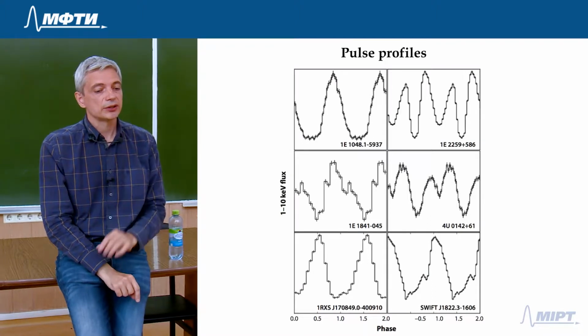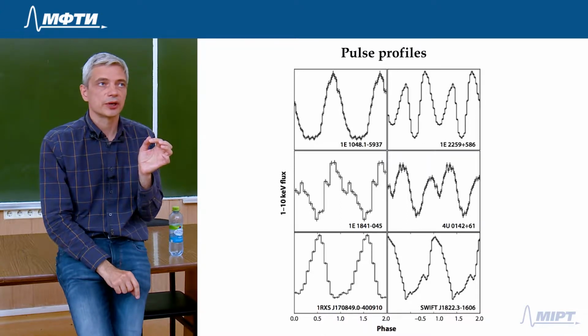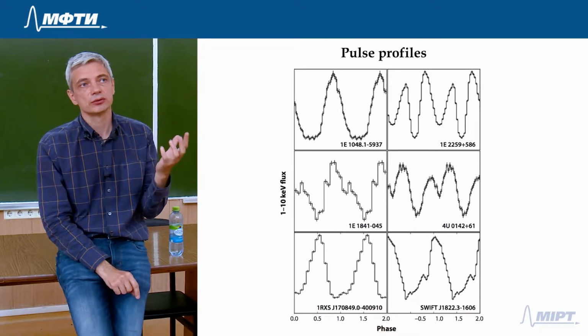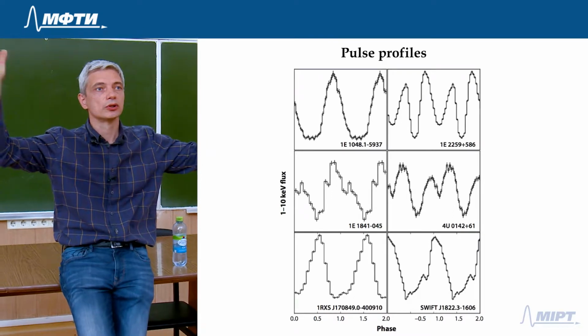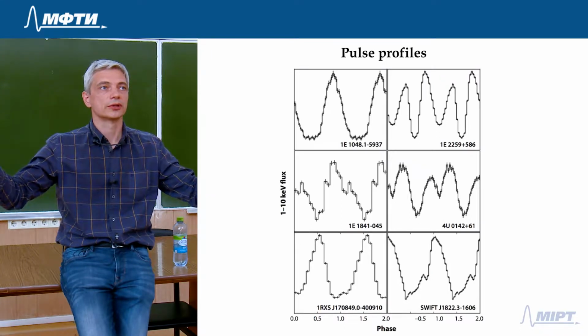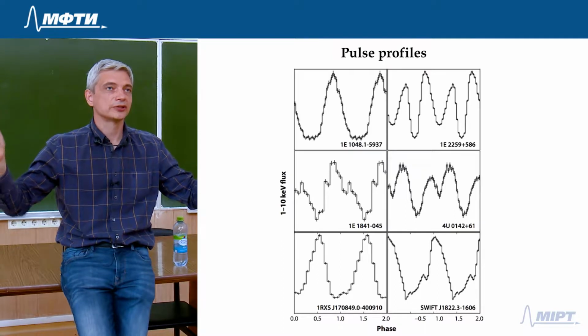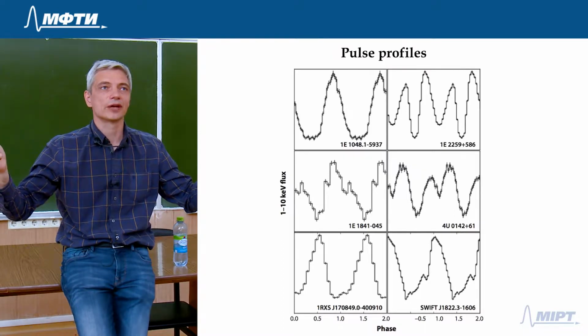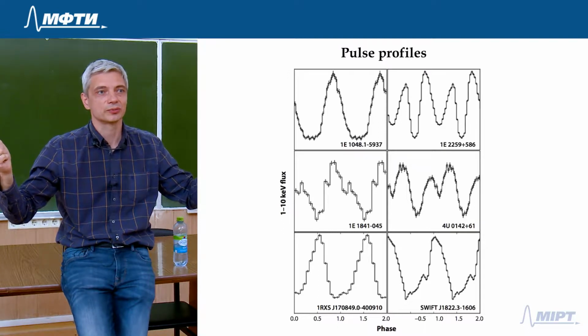Another thing that's happening is that even in an individual object, its pulse profile changes with time, sometimes dramatically. In particular, if there is a flare or a burst, boom, it produces a burst. You look at it again, study the pulse profile. Oh my God, it's different. Completely different sometimes. What does it tell you? Well, first of all, it tells you nothing if you don't understand the physics of how these X-rays are produced in the first place.